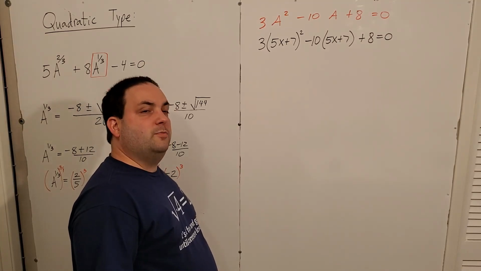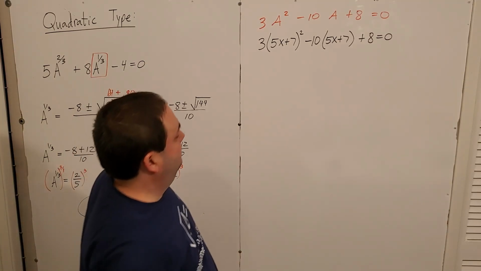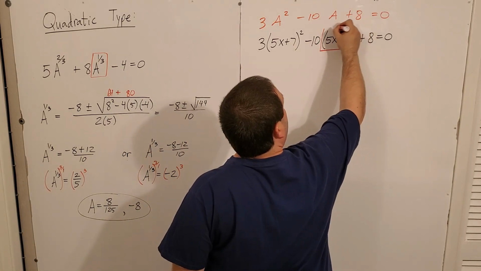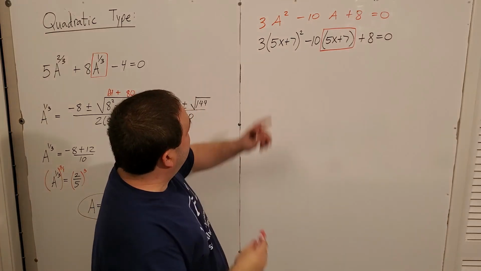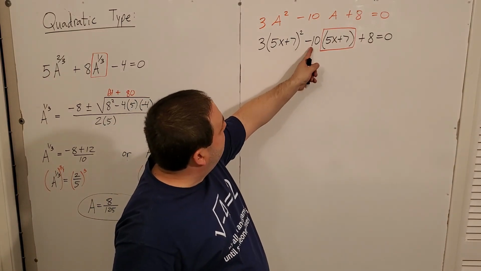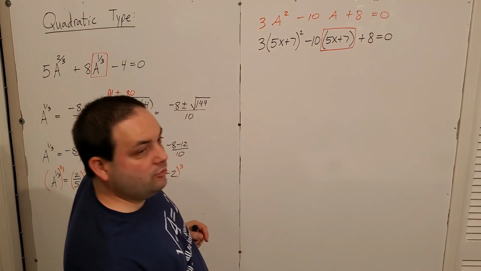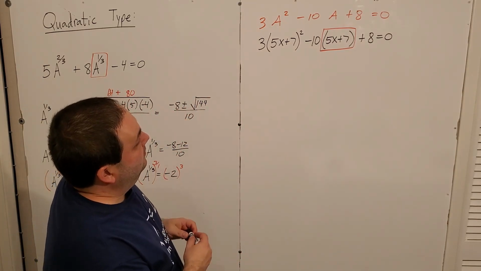Okay? Where's my middle piece? My middle piece is this guy right here. Right? My A is 3, my B is negative 10, and my C is 8. Right? For my quadratic A, B, and C, I mean. Okay?